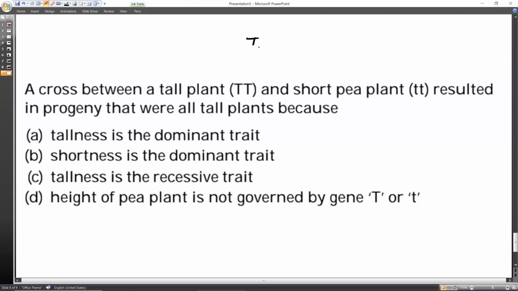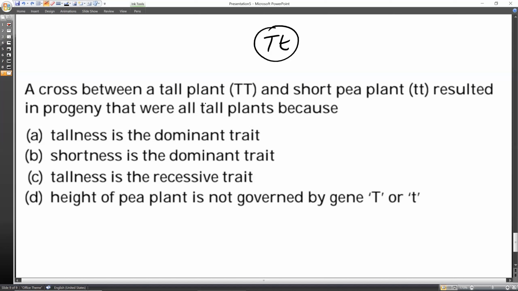This is a heterozygous condition, and in the heterozygous condition we have one tall gene and one dwarf gene, but still the plant is tall. This shows that tallness is dominant over dwarfness. So what will you answer for this question?